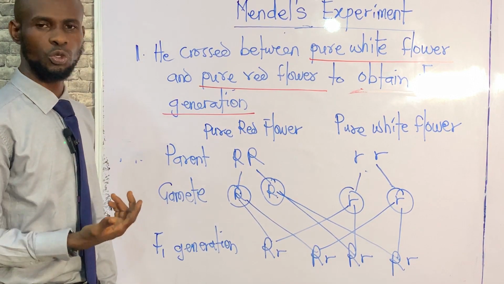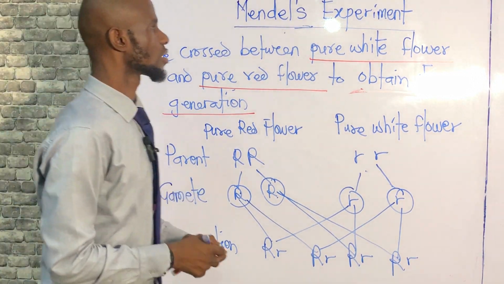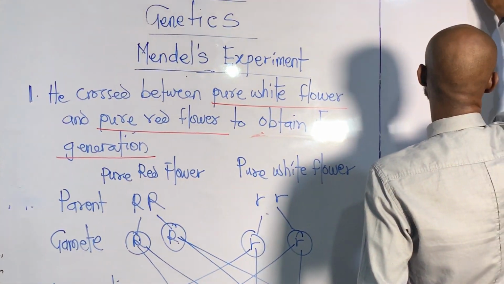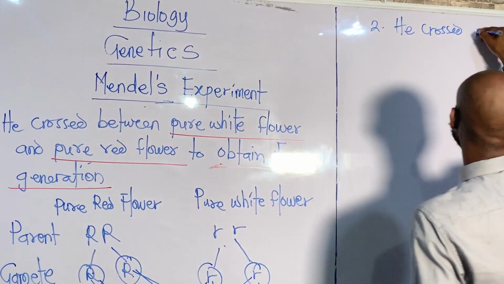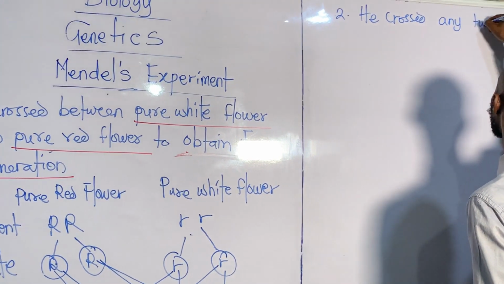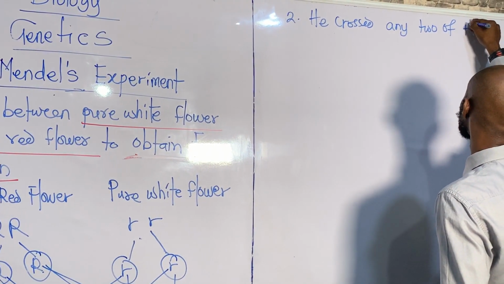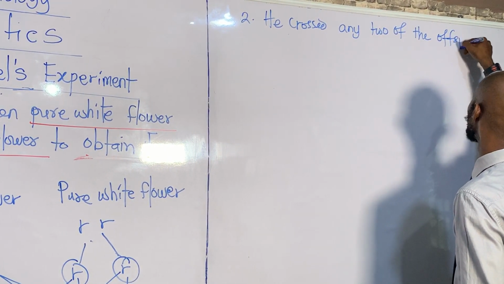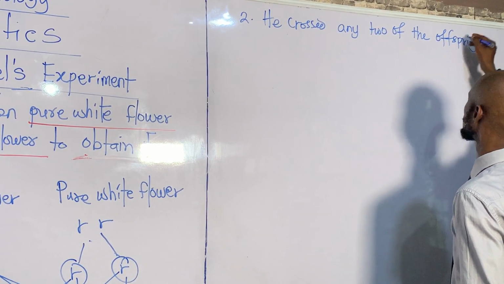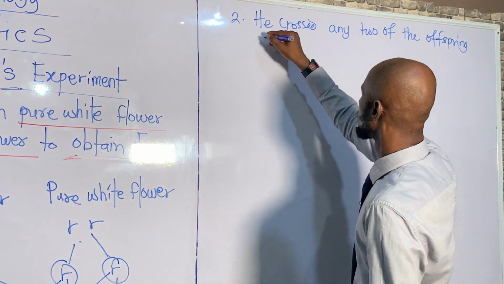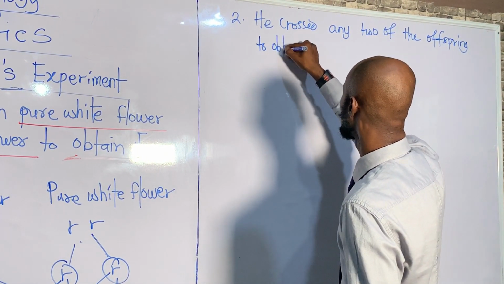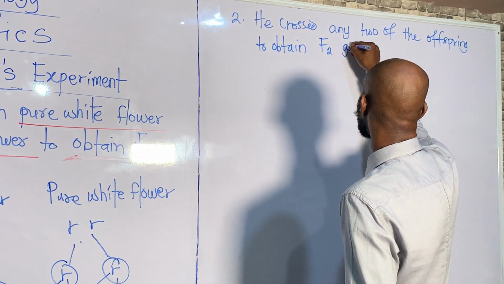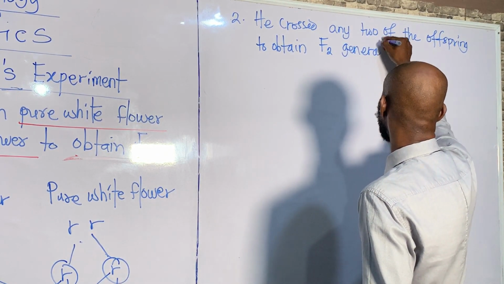So what did he do? He now crossed any two of the offsprings of the first filial generation to obtain the F2 generation.